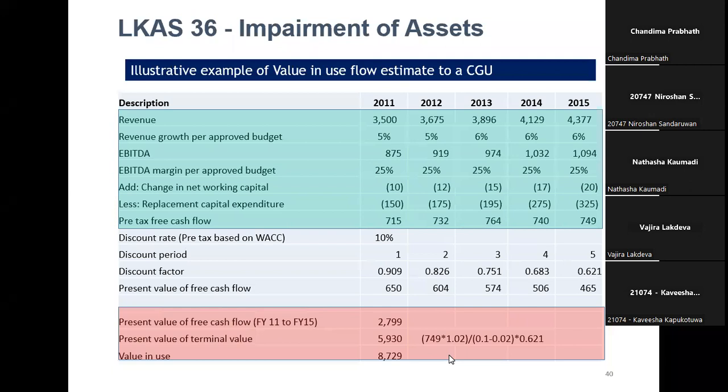But when it comes to property, plant and equipment, only if there are impairment indicators, you need to do an impairment test. Now, generally, it's the higher of value in use or fair value less cost to dispose. You compare with the carrying value, and then see whether there is an impairment.